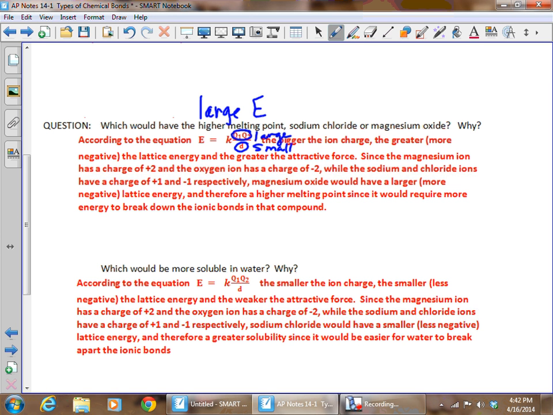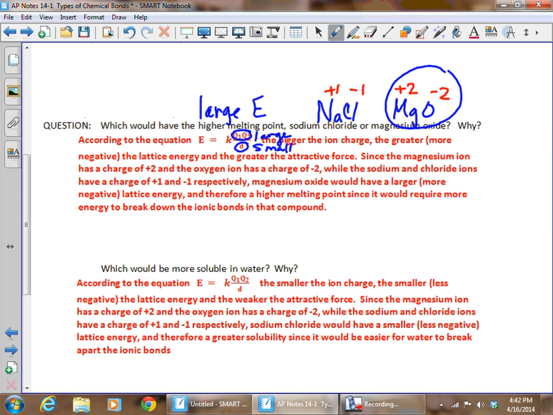So if we look at these two substances, sodium chloride and magnesium oxide, we look at charge first, and we see that sodium is a +1, chlorine's a -1, magnesium's +2, oxygen -2. So in this case, magnesium oxide has a larger charge difference.